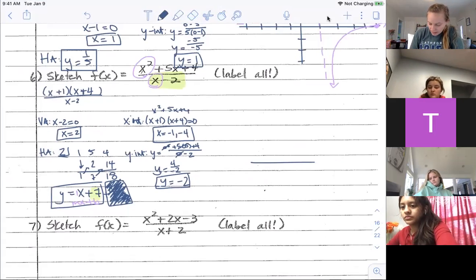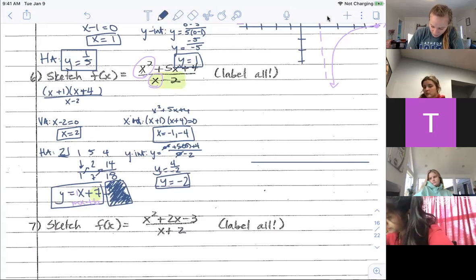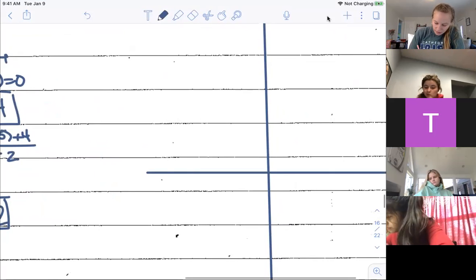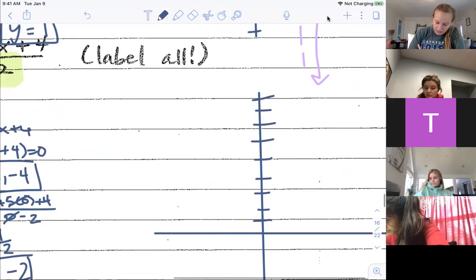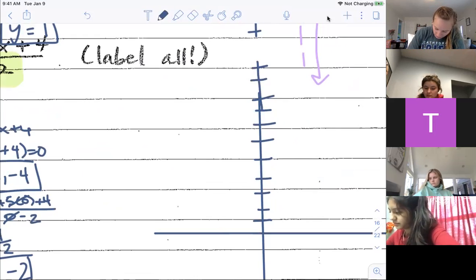So as I do my graph, I'm going to try and make it kind of small. 1, 2, 3, 4, 5, 6, 7, 8, 9, 10, 11.